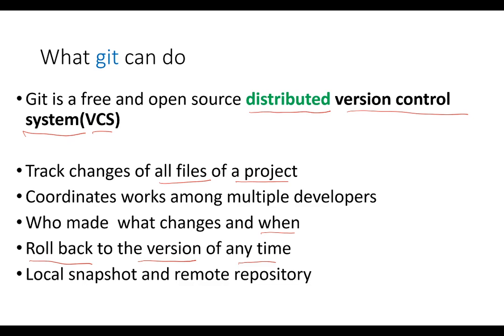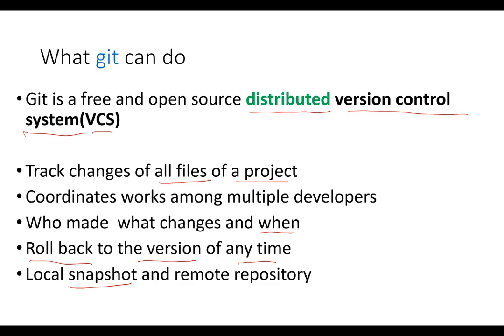Everyone can have a local copy of the whole project data. The local copy is called a snapshot, and the snapshot records all the information of the project and all the changes for every document of the project.